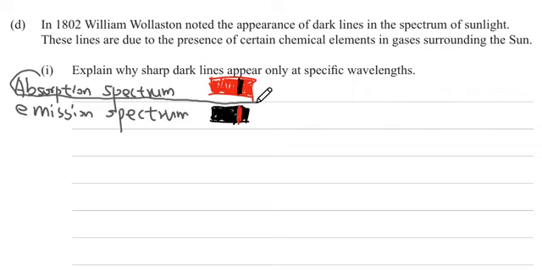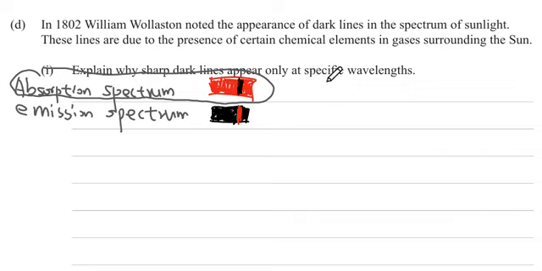Absorption spectrum. We know that the sunlight, when it is split, will give us the continuous spectrum of visible light from red to violet, continuous, without any gaps, without any dark lines. Now, why here can we see these dark lines?